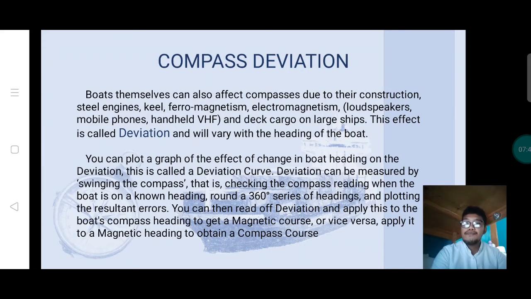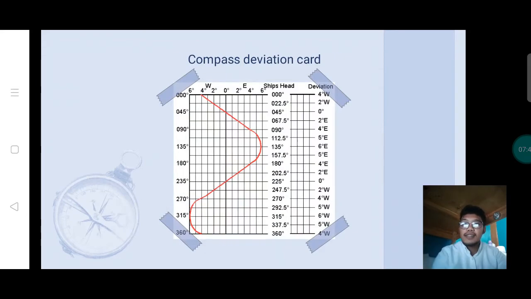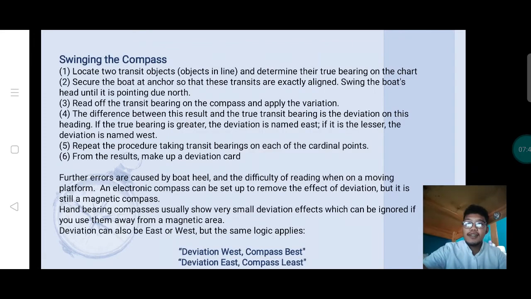So now let's discuss the compass deviation card, or swinging the compass. So first, locate two transit objects and determine the true bearing on the chart. Second, secure the boat at anchor so that the transits are exactly aligned.